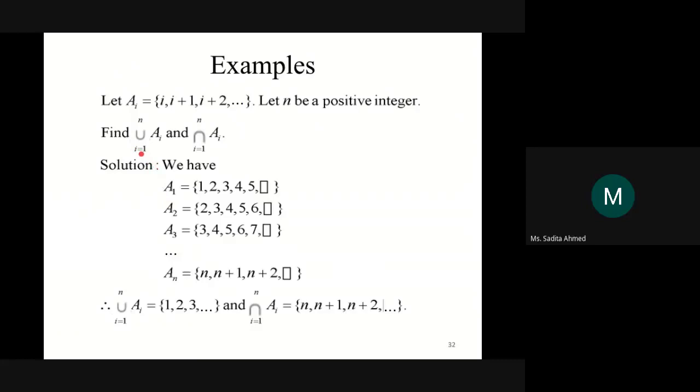What will be the next set? A2, for I equal to 2. Now n is equal to 2, that's the upper limit. This generalized union or intersection is for a collection of sets represented by I, with I's value ranging from 1 to n.